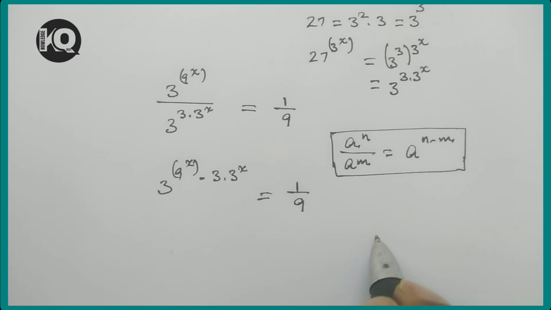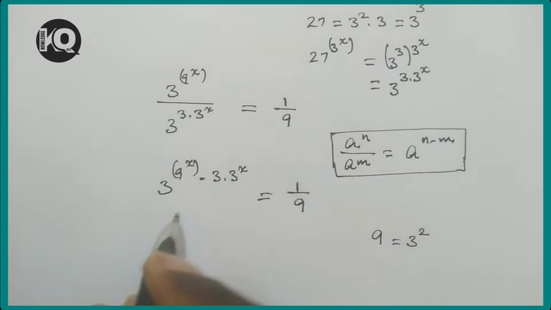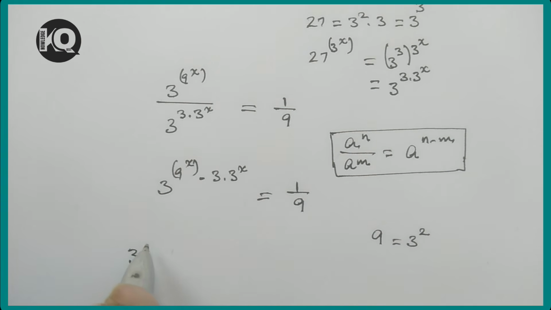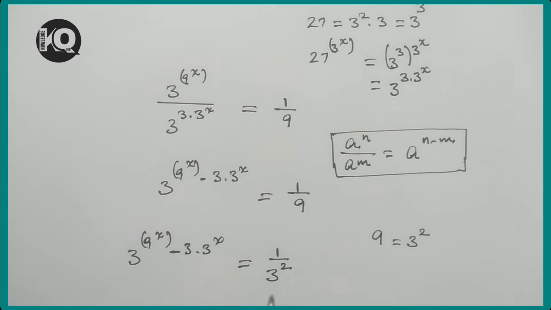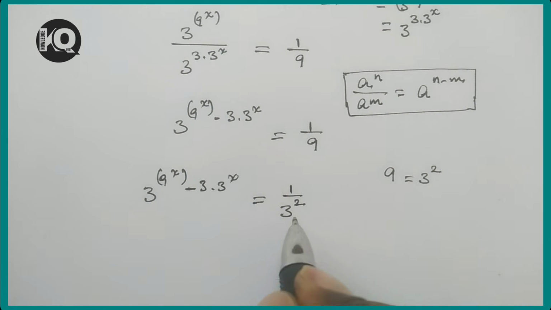Now simplify 9 as 3 to the power of 2. So our equation will be 3^(9^x minus 3 times 3^x), which is equal to 1 over 3 squared.